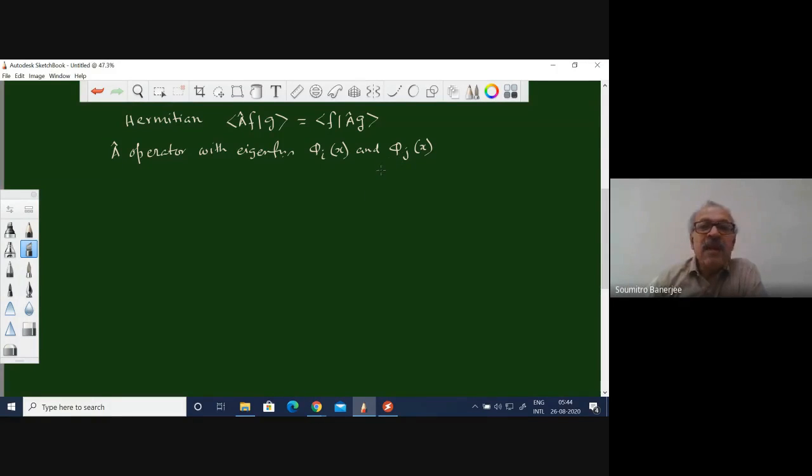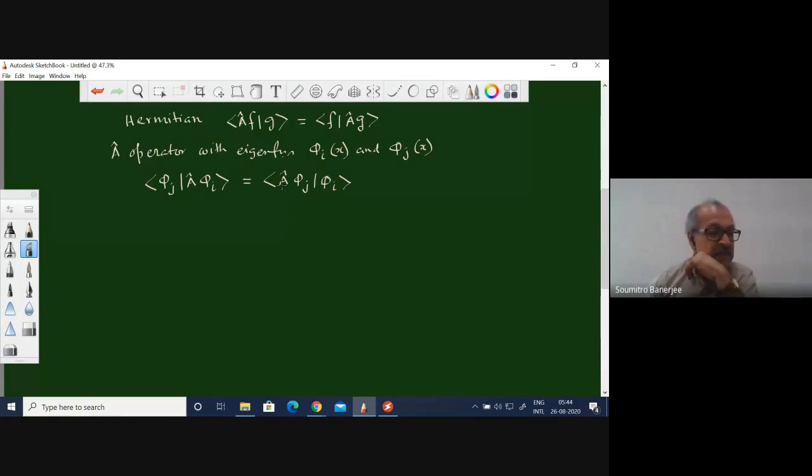Since this is a Hermitian operator, I can write <φj|Aφi>, and that should be equal to <Aφj|φi>, because of this character that I can put the operator either on the right-hand side or on the left-hand side.